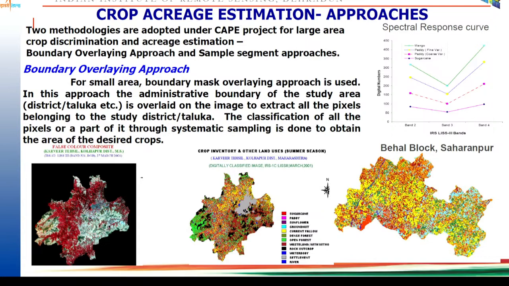So we could discriminate. But it is not universal that multispectral images with a resolution of 23.5 meter could classify different varieties. For that varietal discrimination, one should go for hyperspectral imaging.